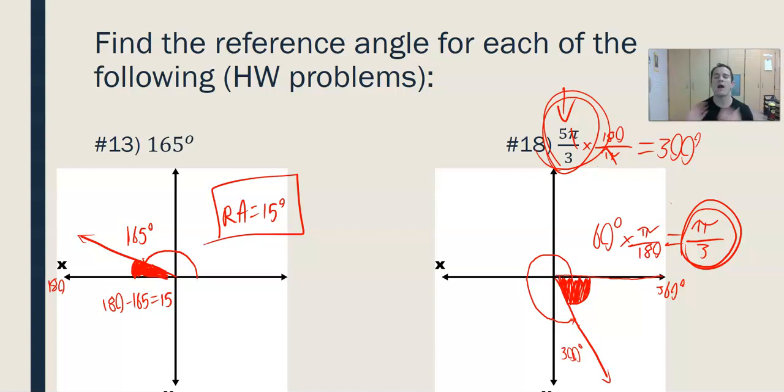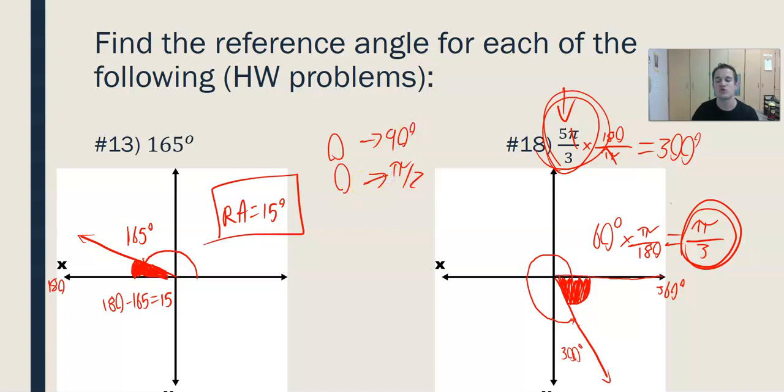So Mr. Brill, why are we talking about reference angles? Why does this even matter? Why don't we just stick with the angles between 0 and 360 degrees? Well, in the upcoming units, when we start working more into trigonometry, when we're talking about sine, cosine, and tangent, it's going to be really helpful and really important to be able to identify angles by their reference angles between 0 and 90 degrees, or between 0 and pi halves.